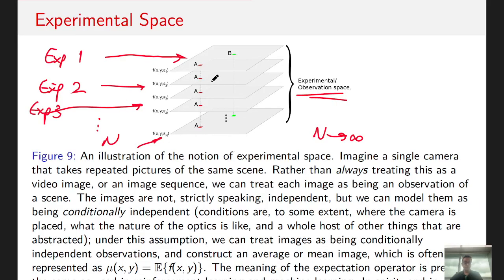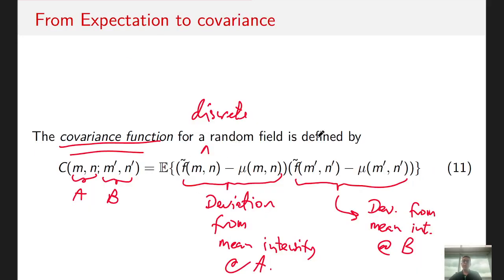In fact, there are some past exam papers where I ask you to calculate the covariance function, because I want you to connect the notation of expectation with the definition of something called the covariance function, and to have an intuition about what it means if you were to do it for a finite number of experiments.